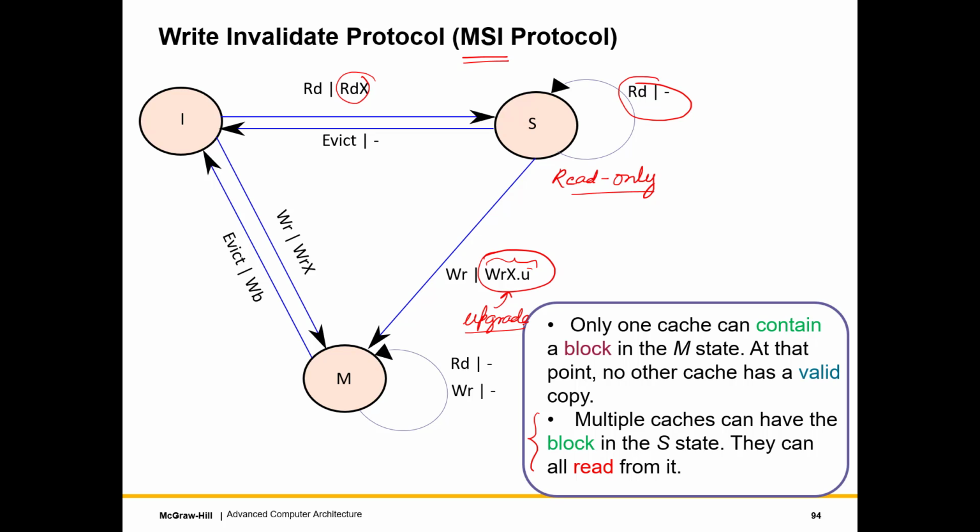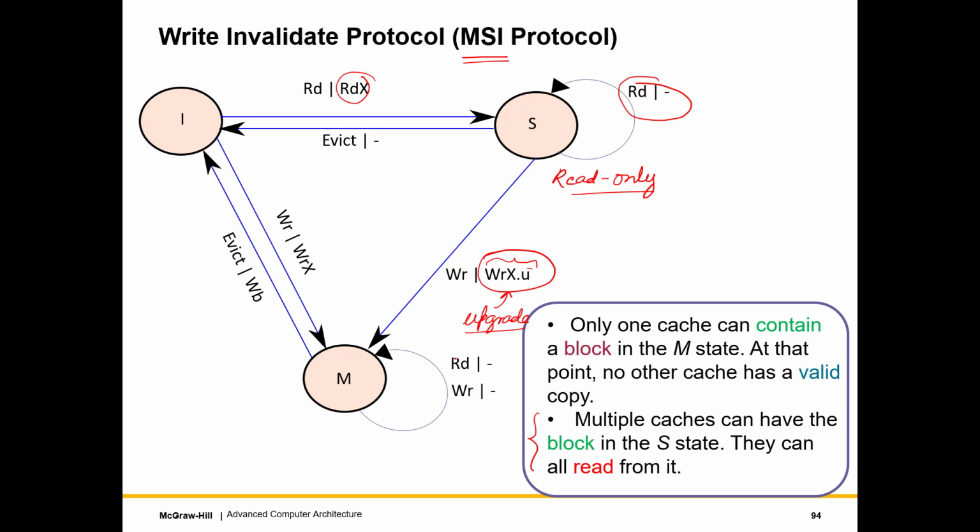Then the rest of the caches will essentially invalidate themselves, which means that they will discard the copies of the blocks that they have. And so then we can make a transition from the S to M state.